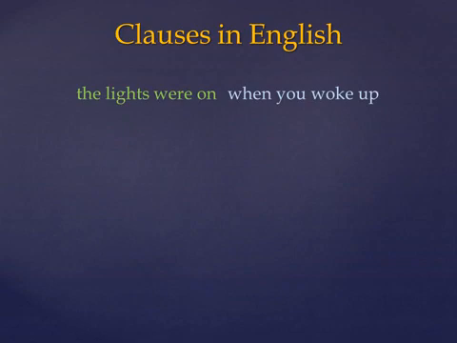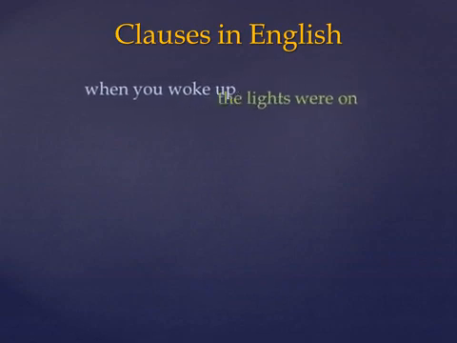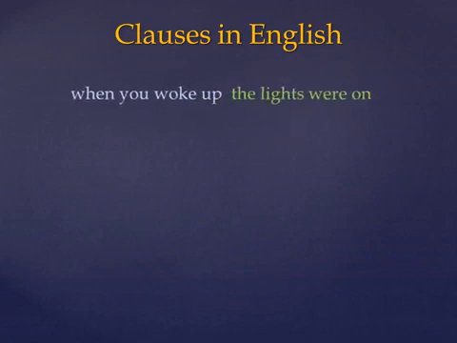But equally, in terms of meaning, if we were to reverse the two clauses, when you woke up, the lights were on, this actually has no impact on the meaning of the sentence. Whether the subordinate clause comes before or after the main clause has no impact on the meaning of the sentence.